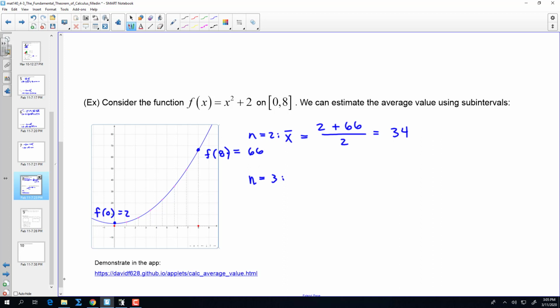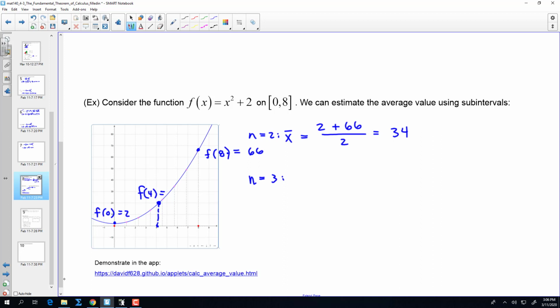If I used another sample point, so if I split this interval up into another value here, let me just say if I used four as my next test point. So then I need to calculate the height of the function at 4. 4 squared is 16, plus 2 is 18.